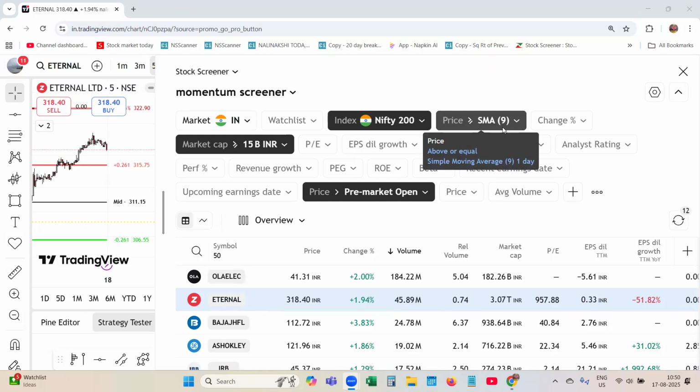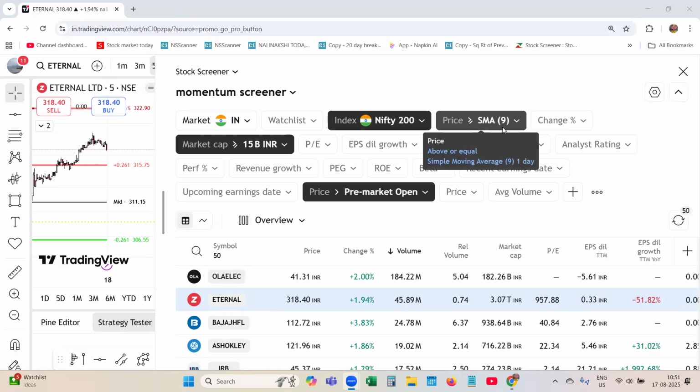So it is not allowing me to add any moving average on an intraday basis, 20 period or anything. So then I thought, which can be comparable to the 20 period moving average on the intraday, I can relate it to the 9 period moving average.